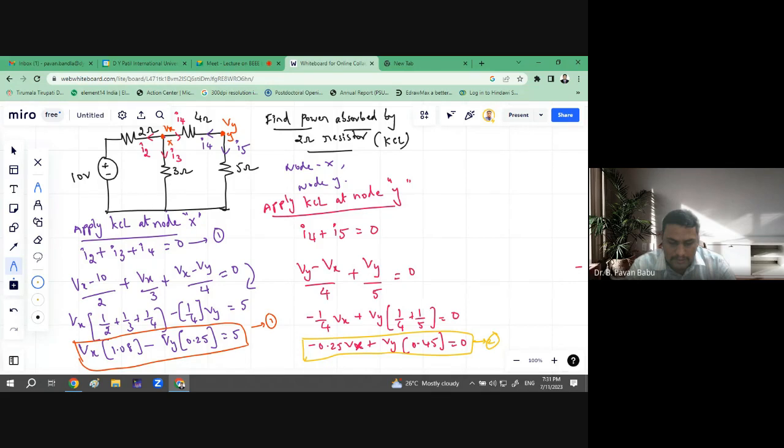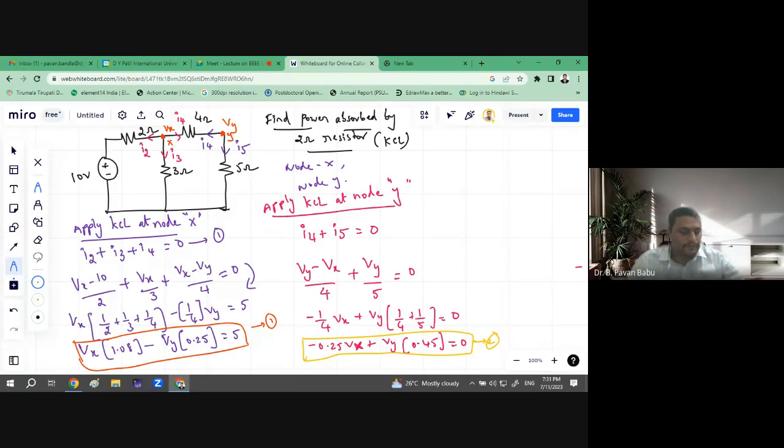A1 is 1.08 and B1 is minus 0.25; we should not miss the polarity. C1 is 5. Next, A2 is minus 0.25, B2 is 0.45 and C2 is 0.